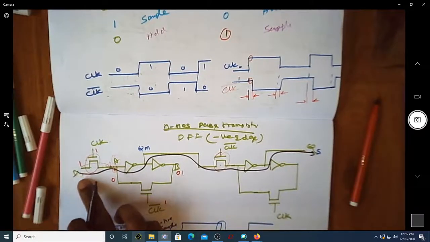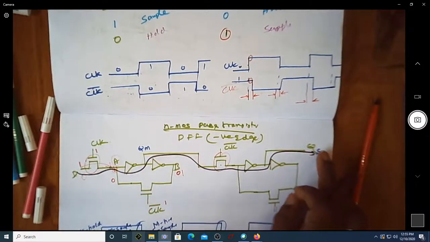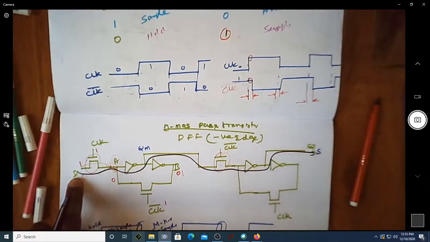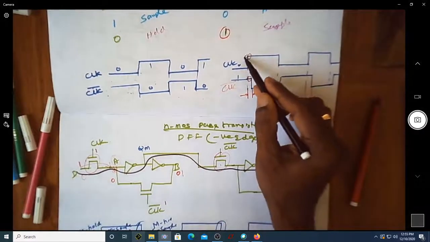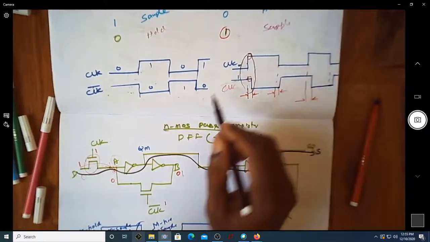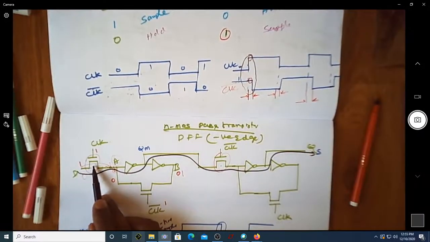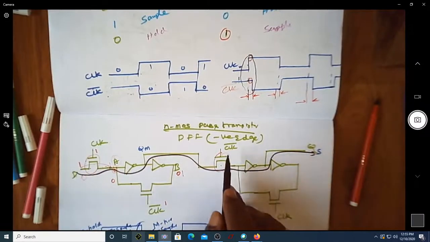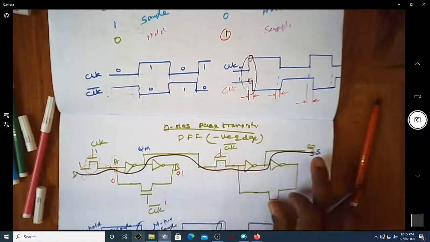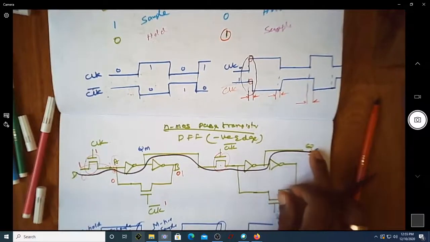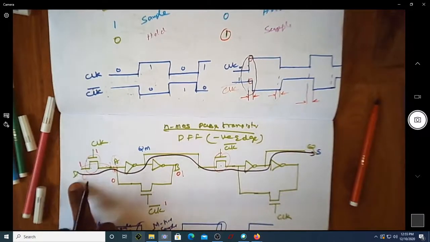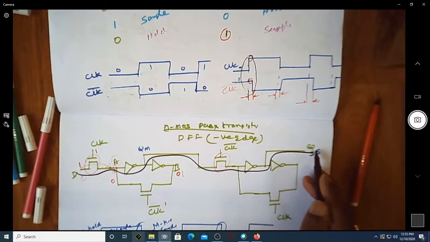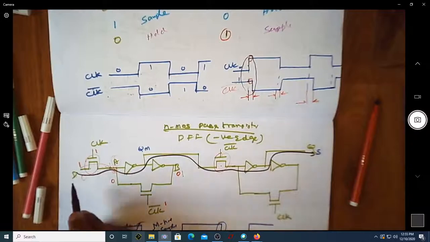For a small duration of time, the output is actually following the input. Why? Because during this overlap period, the pass transistor driven by clock and the pass transistor driven by clock bar are both on. This QS is actually following the D input. This is called a race condition. So this QS is in race with D.